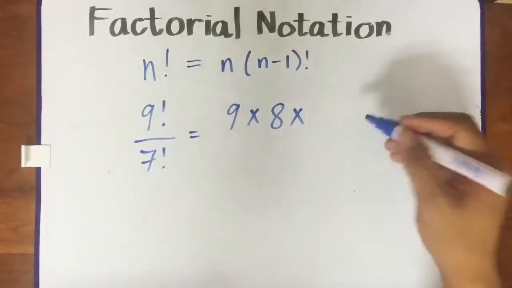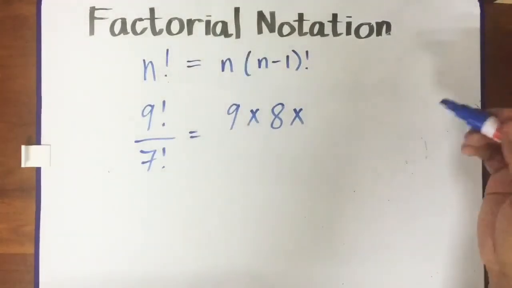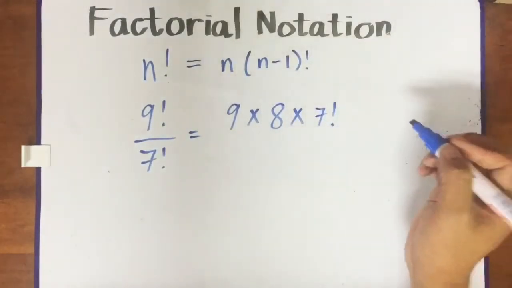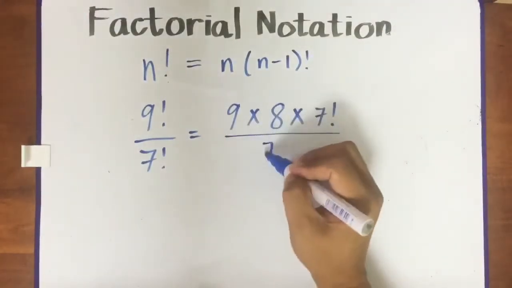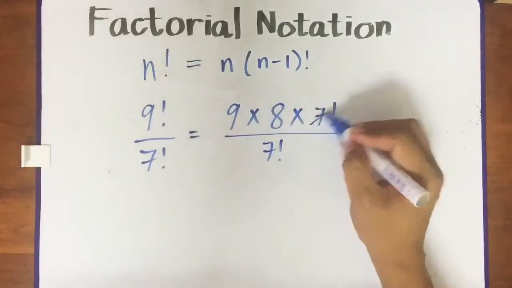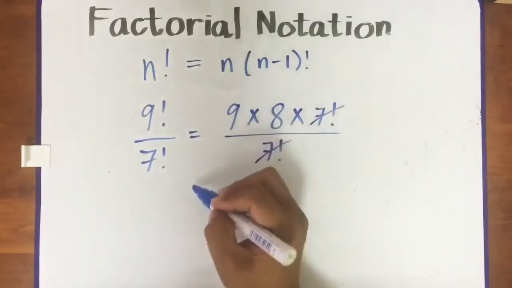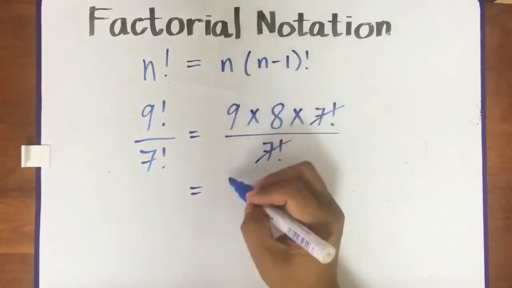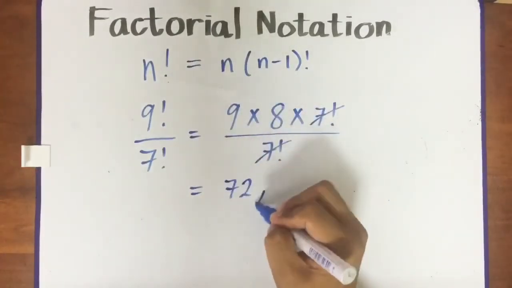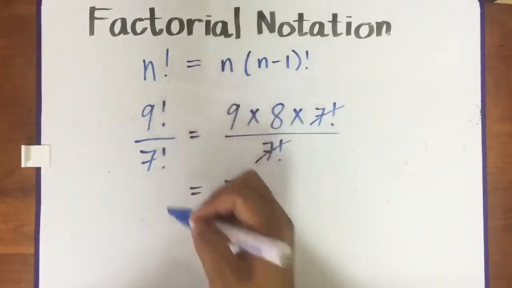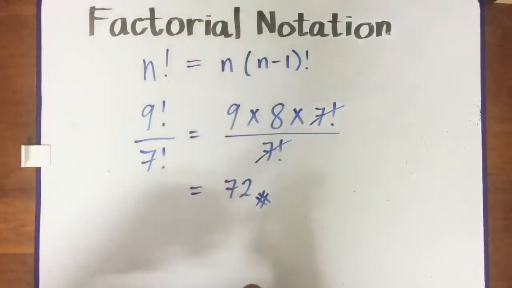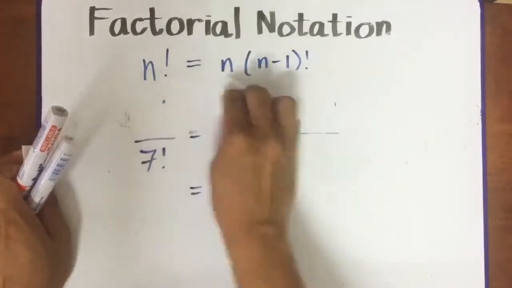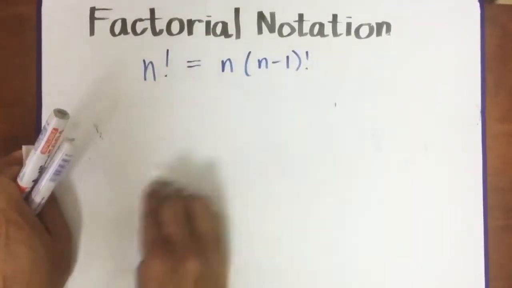But 7 times 6 times 5 times 4 times 3 times 2 times 1 can be written as 7 factorial. You divide it by 7 factorial, you can immediately remove the 7 factorial here. Thus, you will be left with 9 times 8, which is 72, which is now the value of 9 factorial over 7 factorial.